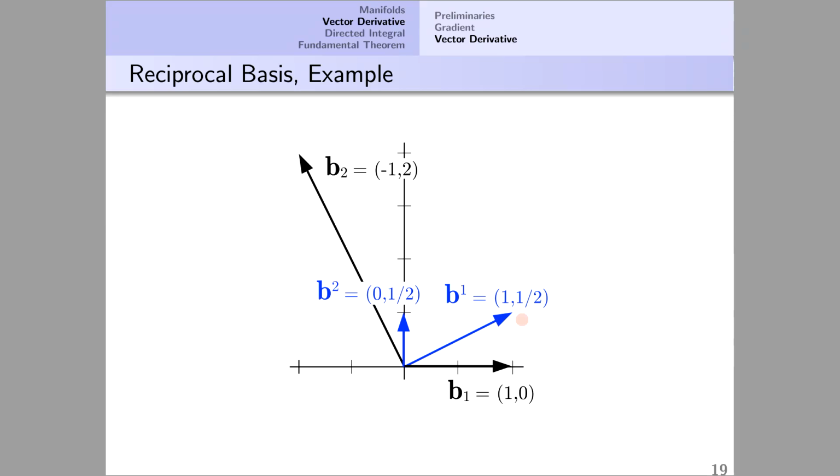And if I take the inner product here, I do in fact get 1. If I take the inner product of B super 2, this vector, with B sub 1, I'm supposed to get 0. If I take the inner product, I indeed do get 0.